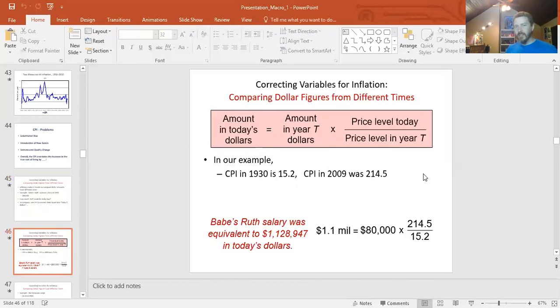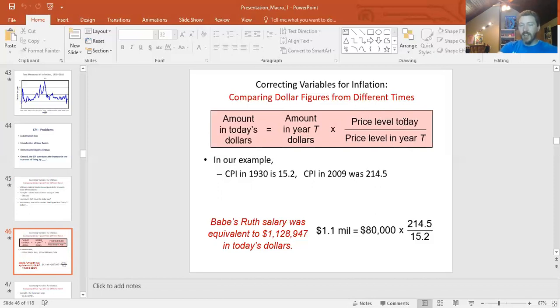So what we're going to do is take Babe Ruth's salary in 1930, the $80,000 figure we said, and multiply it by the ratio of the price level today relative to the price level 90 years ago. This ratio tells you how much inflation there has been.